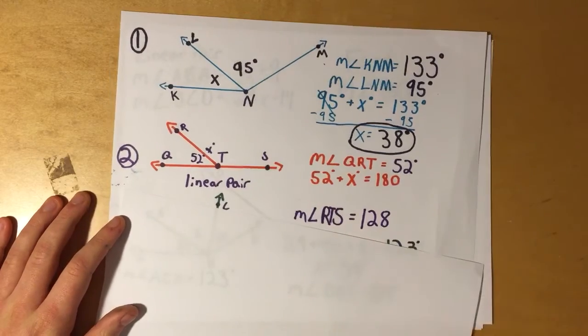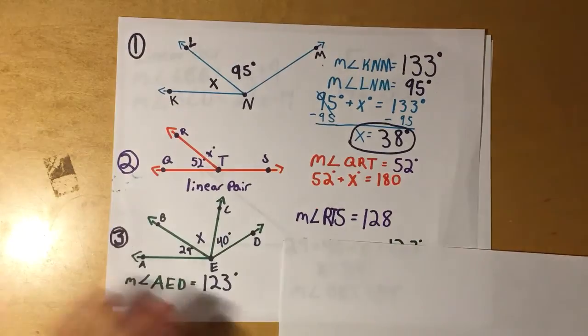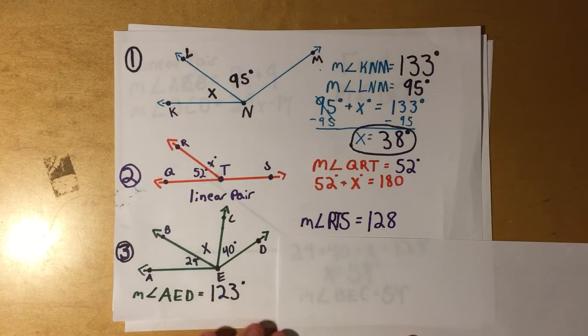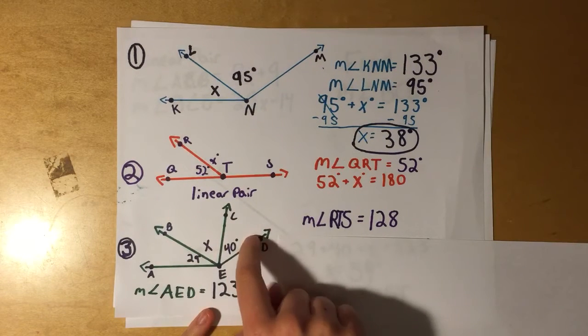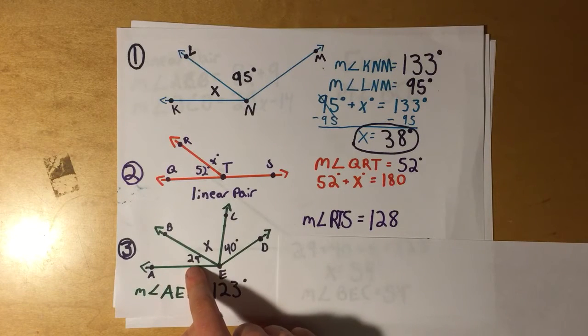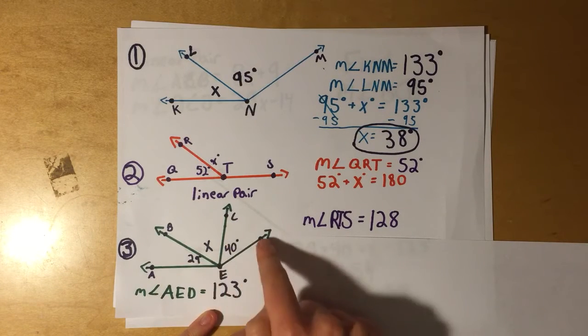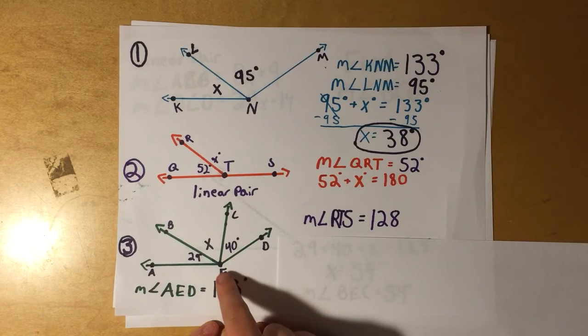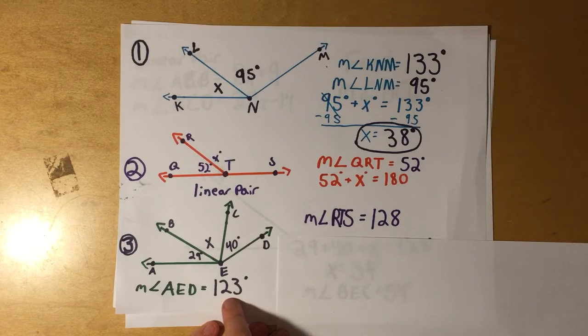And the measure of angle RTS is 128. Sometimes you may be given problems where there's more than one interior or more than two interior angles inside the exterior angle, like in this one. So there's three interior angles. Angle AEB is 29 degrees, angle CED is 40 degrees, and the exterior angle, AED, is 123.